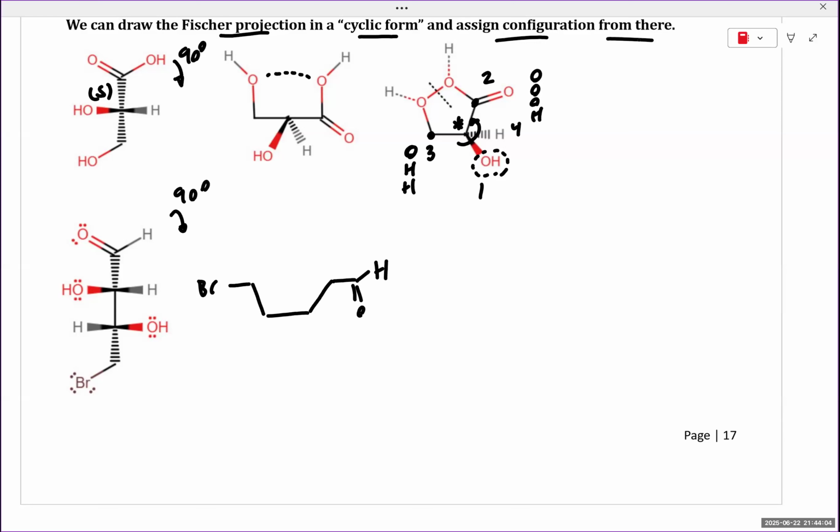In this case, the alcohol on carbon 2 is still wedged. The alcohol on carbon 3 is dashed.